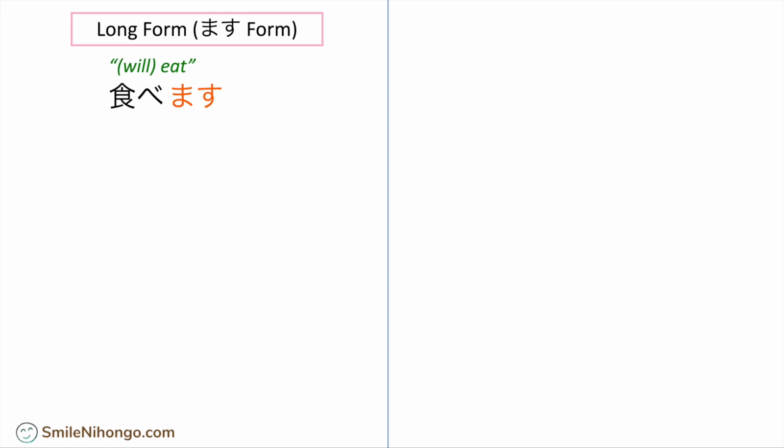So far, you have learned how to conjugate Japanese verbs in masu form.